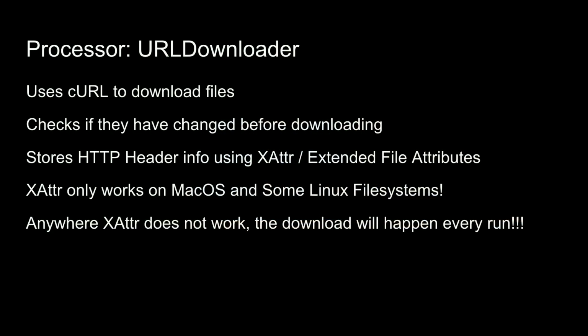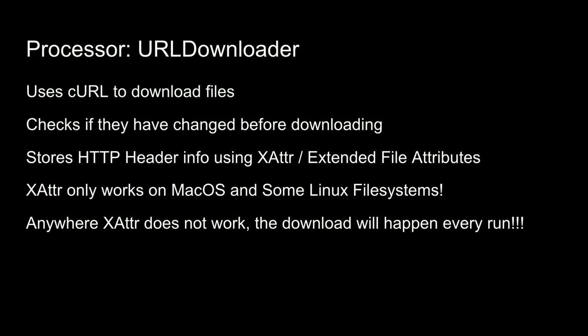So URL downloader, this is kind of like the key processor that you're going to see in almost all macOS related download recipes. And the problem with this processor is that it is not cross-platform. Well, it is cross-platform in a sense, in that it will use curl and it will download the files on Windows or some Linuxes, in addition to macOS.